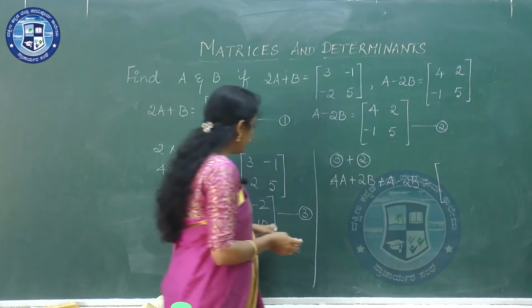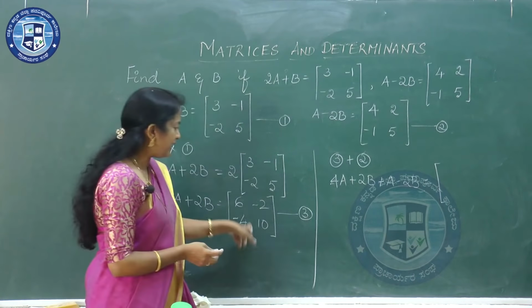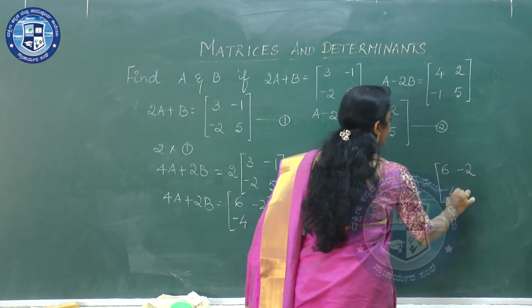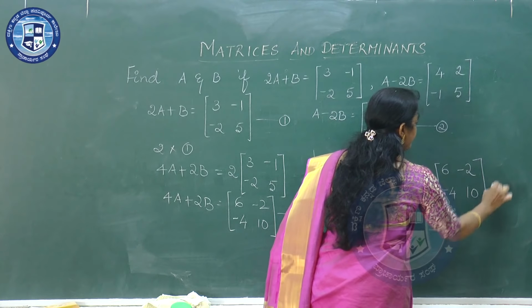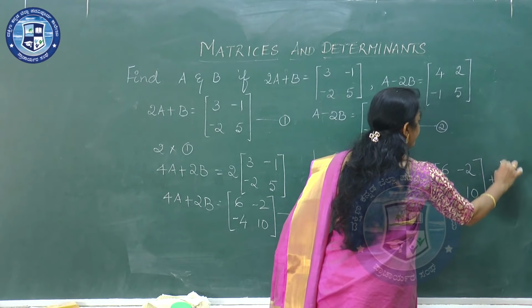Equation 3 RHS is 6, minus 2, minus 4, 10, plus RHS of equation 2, which is 4, 2, minus 1, 5.